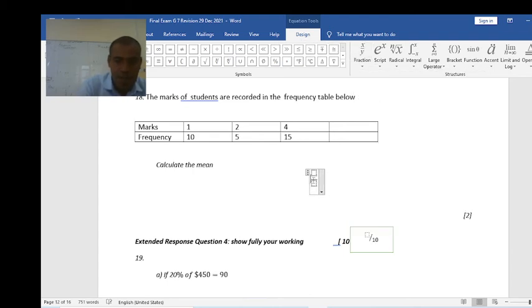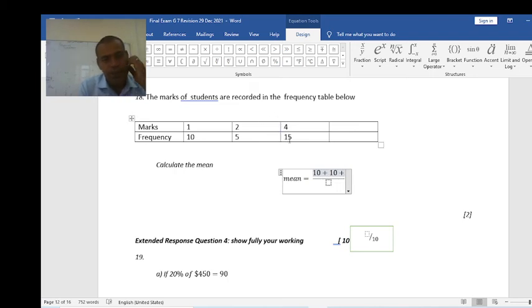I will erase percentage. So the mean is equal to what? 1 multiplied by 10 means 10, plus 2 multiplied by 5 is 10, plus 4 multiplied by 15 is 60.